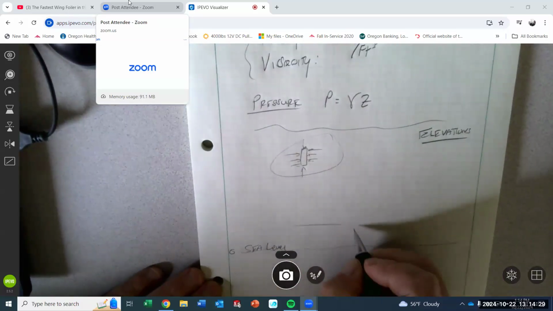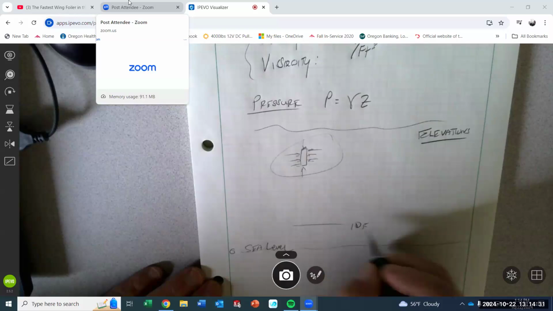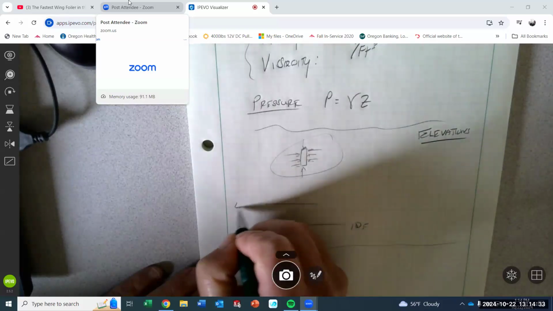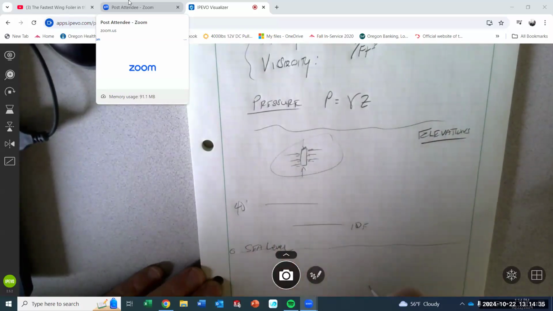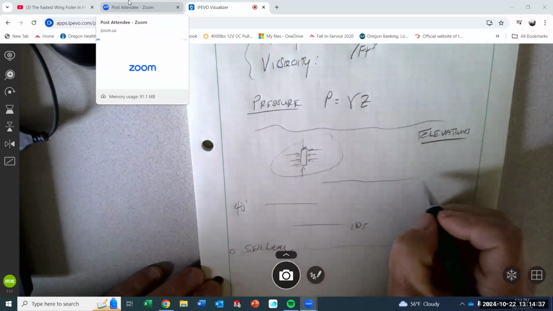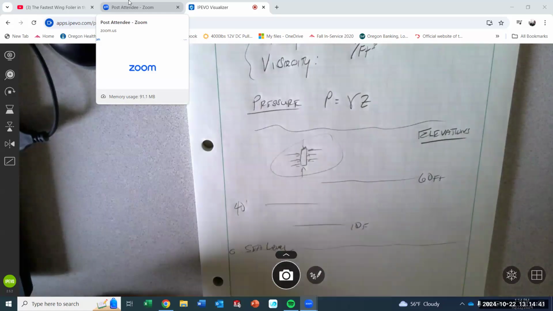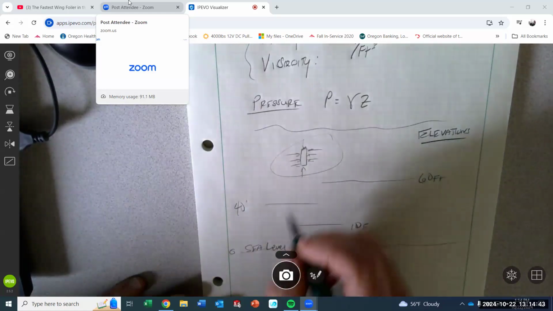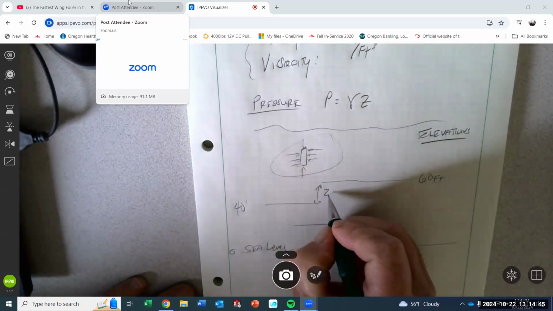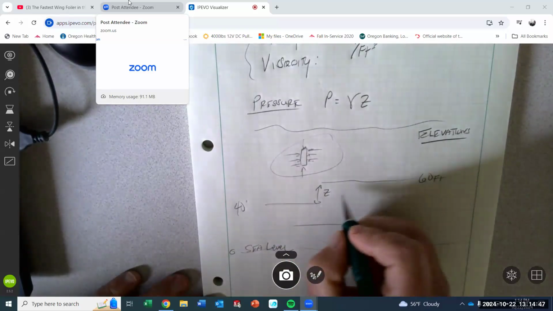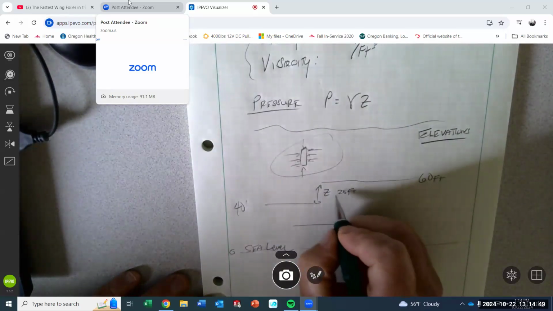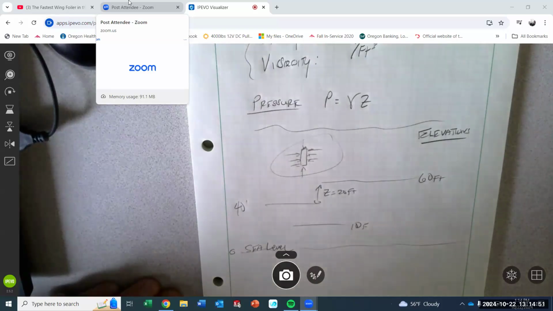So then something else happens at 10 feet, something else happens at 40 feet, and then the top of the water is at 60 feet. So you just have to use these elevations to figure out how much the depth is, Z, right? That would be 20 feet. All right. So remind yourself on how all that works and calculating pressures.